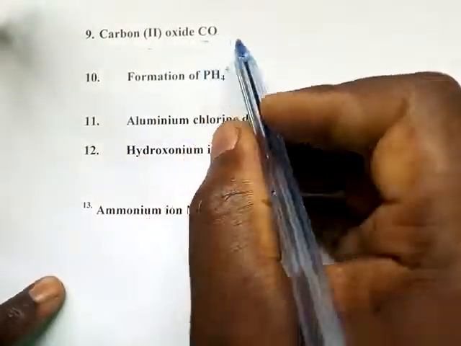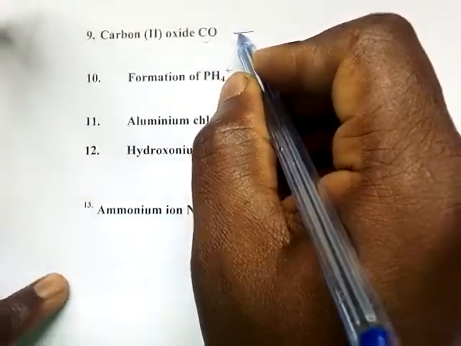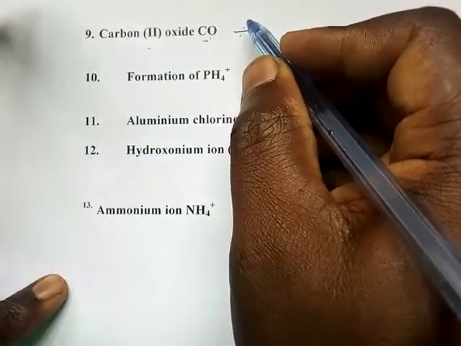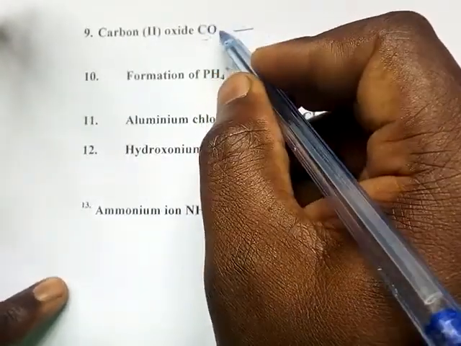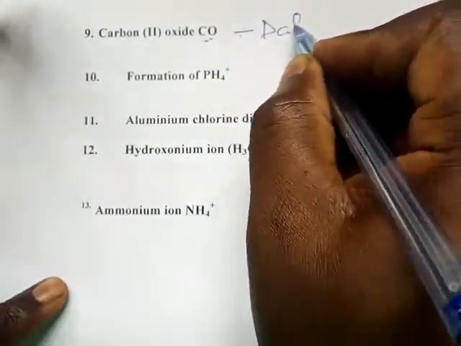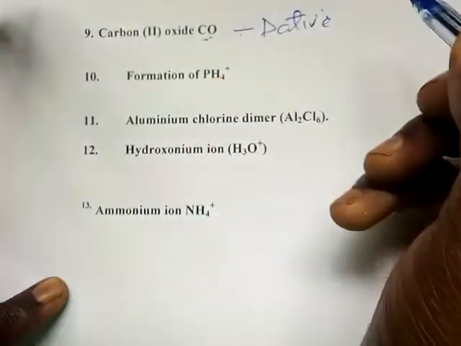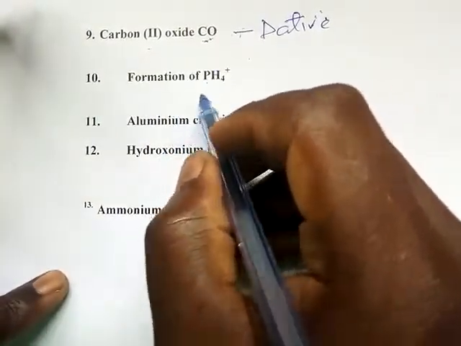Carbon monoxide. Is this covalent, dative, or ionic? We said all nonmetals undergo covalent bonding except this one. This one is dative. We shall draw it and then you will see. What about PH4+?